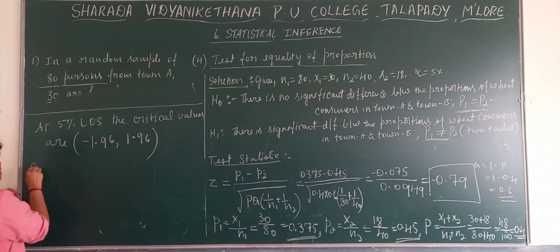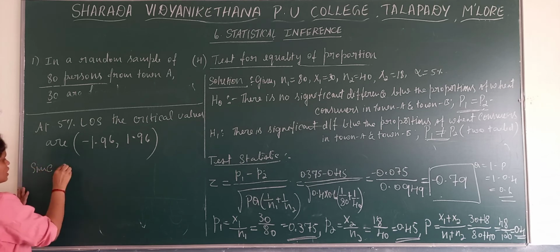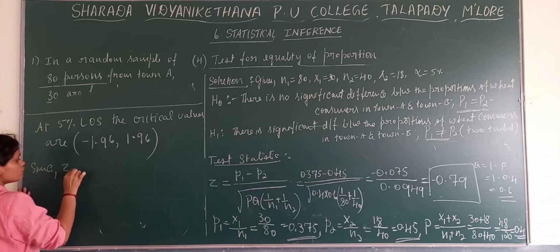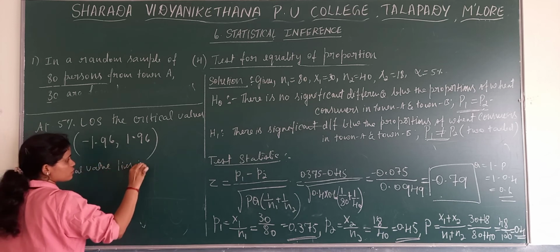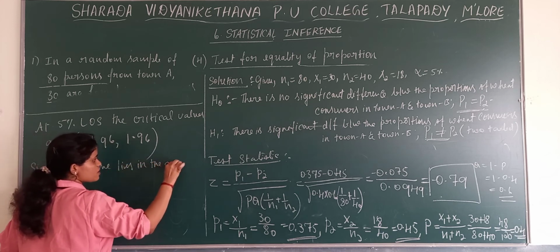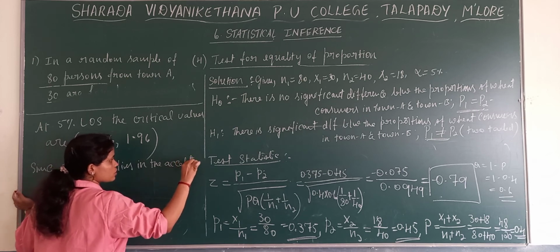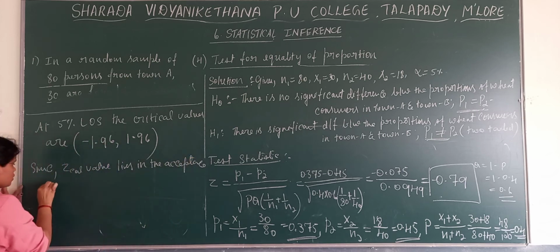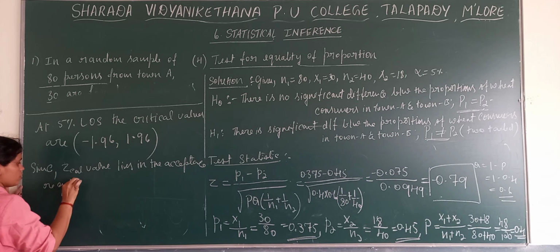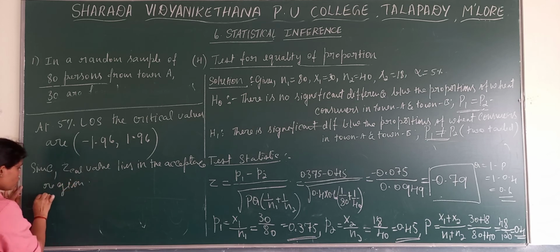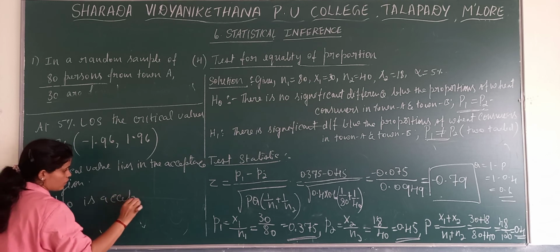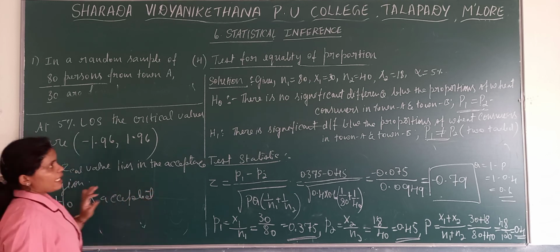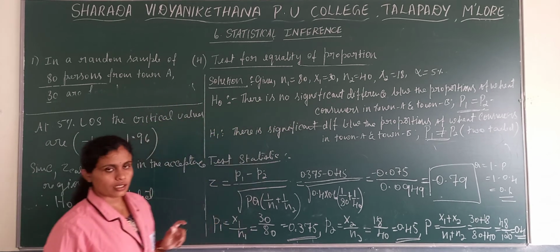So here, since the calculated value lies in the acceptance region, therefore the null hypothesis is accepted. We accepted that there is no significant difference.